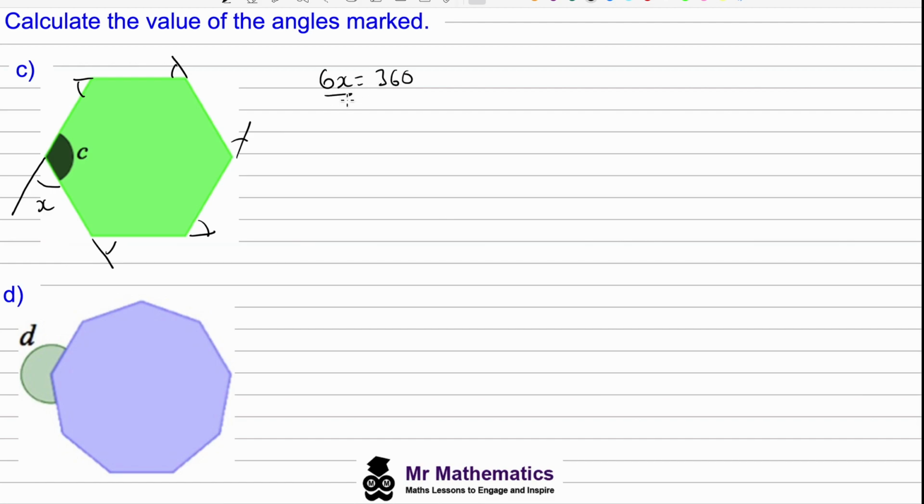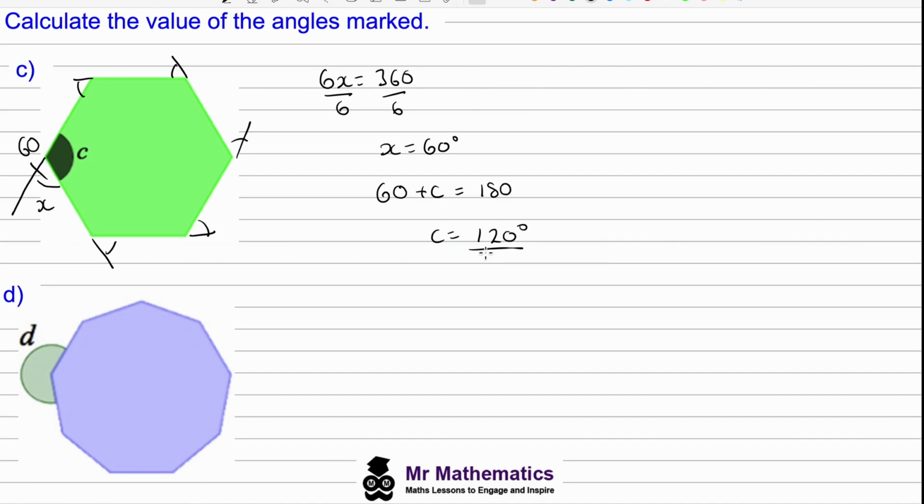So the exterior angle, dividing both sides by 6, will be equal to 60 degrees. So we know this one is 60. Now we can work out the interior because they lie along the same straight line. So 60 plus the interior will be 180. So angle C will be 120 degrees.